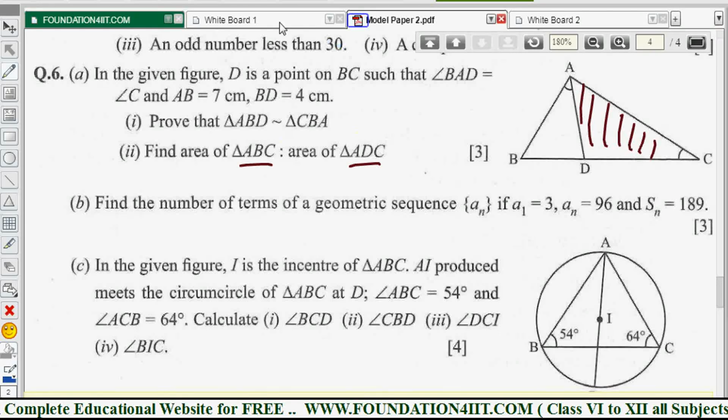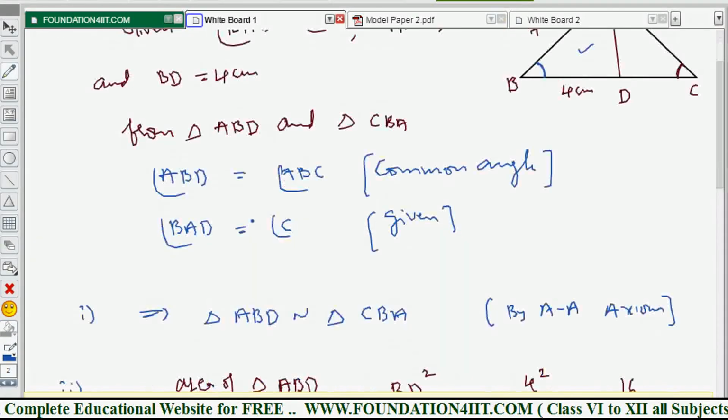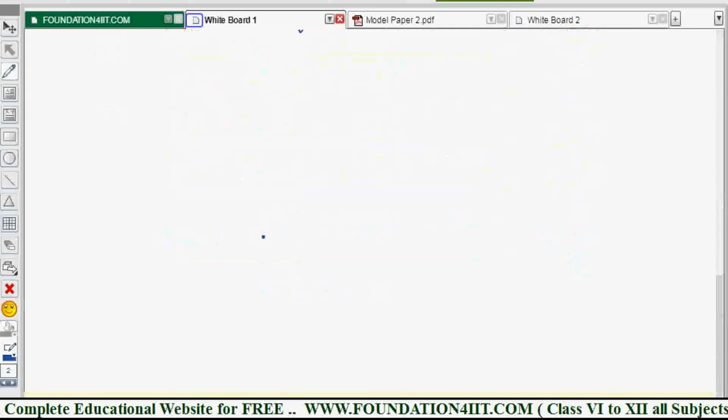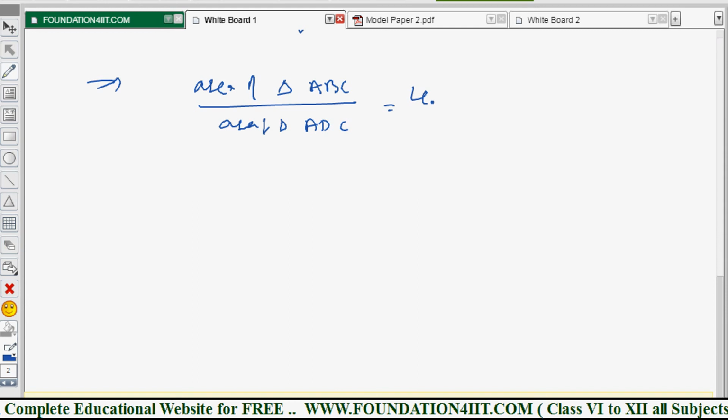Then by interchanging, we can confirm this: the area of triangle ABC is 49, 7 squared, and the area of triangle ADC is 49 minus 16, which is 33.